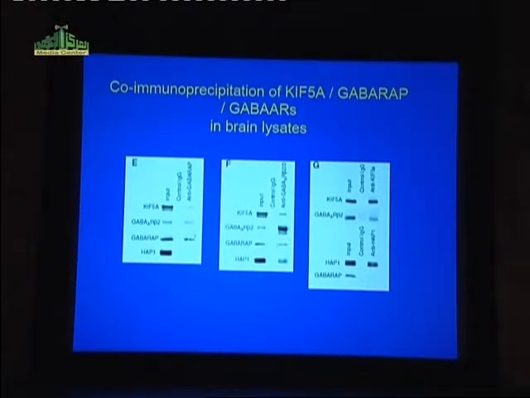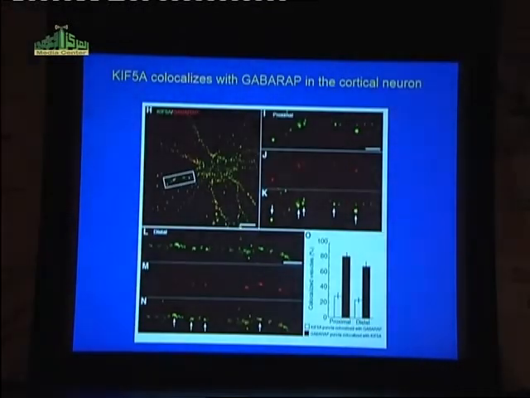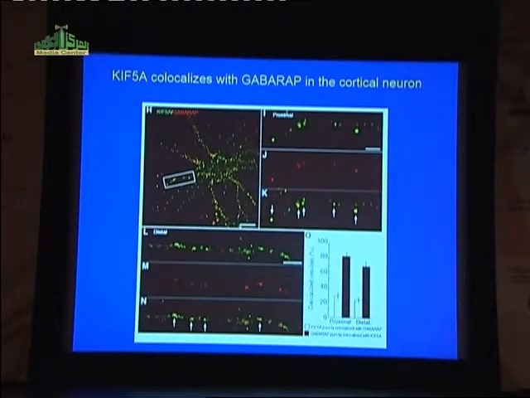As you can see here, the GABARAP antibodies picked up the immunoprecipitate of K5A, GABA receptor, and GABARAP. And we have reverse data too. The slides show the co-localization of K5A and GABARAP in the dendrite.